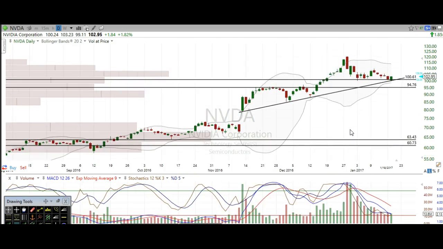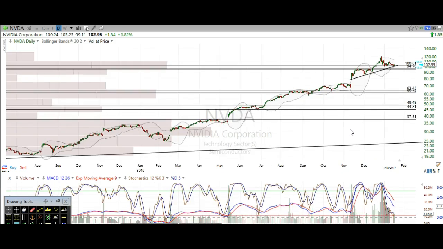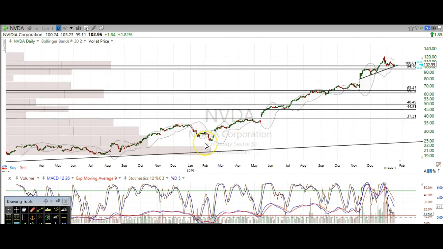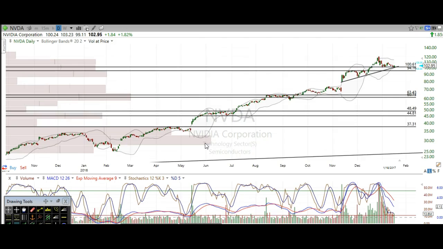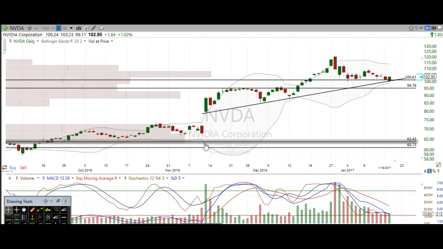Well, first of all, let's back it up like we did with AMD and look at this stock. Okay, you don't need any indicators or any trend lines or anything to know that this is an extremely bullish stock. It's been straight up. Okay, so buying dips on it should be an easy decision at this point in time.